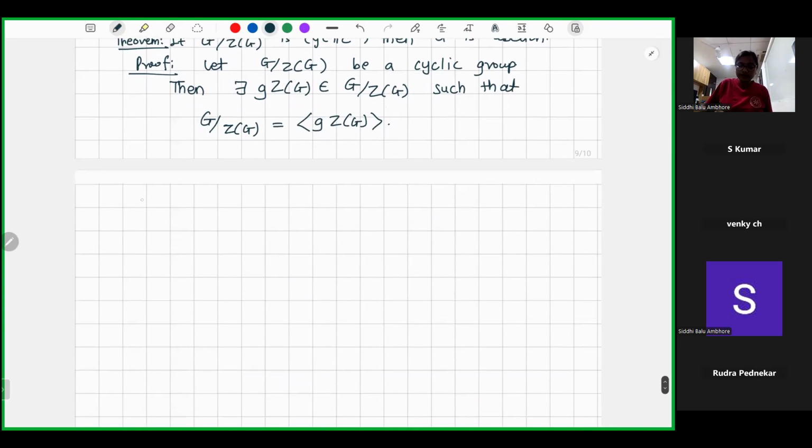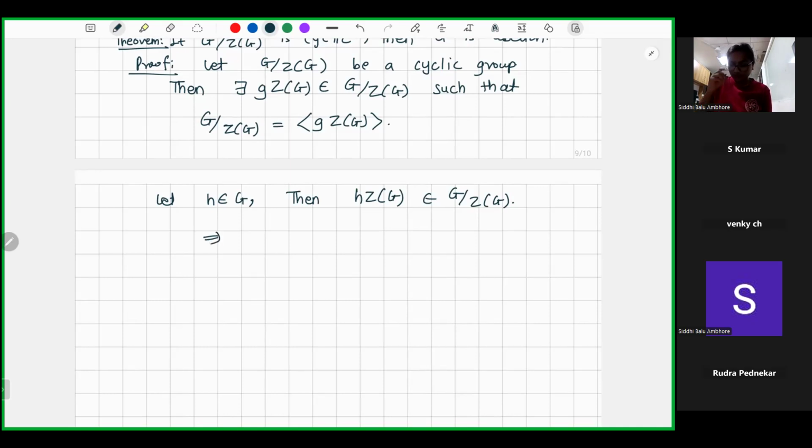So if we take h belonging to G, then this hZG belongs to G mod ZG, which is a cyclic group generated by this gZG.